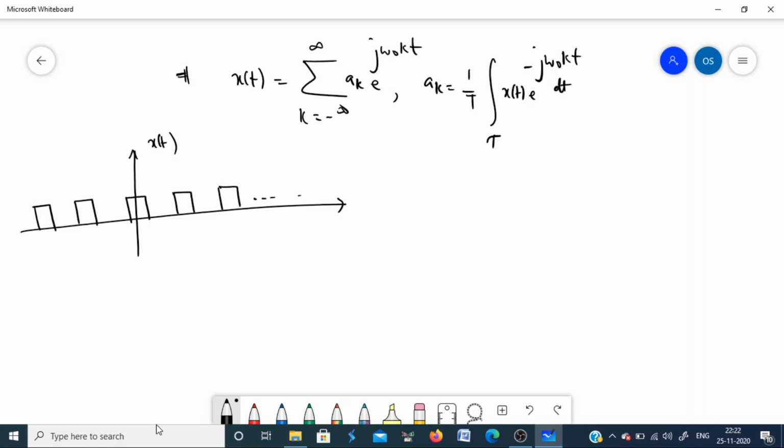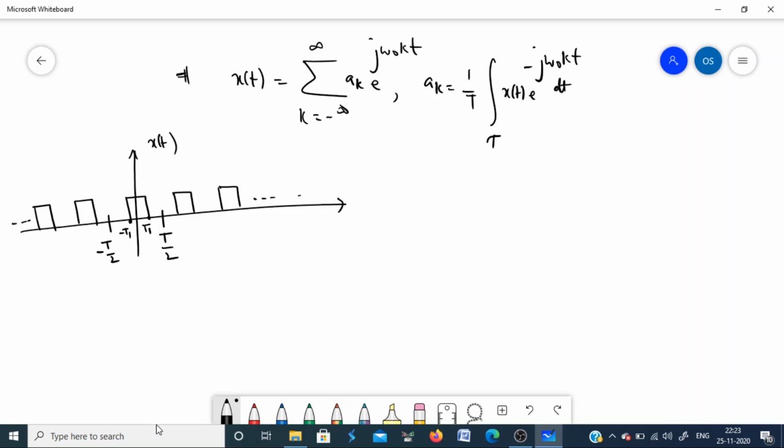This is a periodic signal extending from minus to plus infinity. And this is T by 2, this is minus T by 2, and this point here is T1, and this is minus T1.